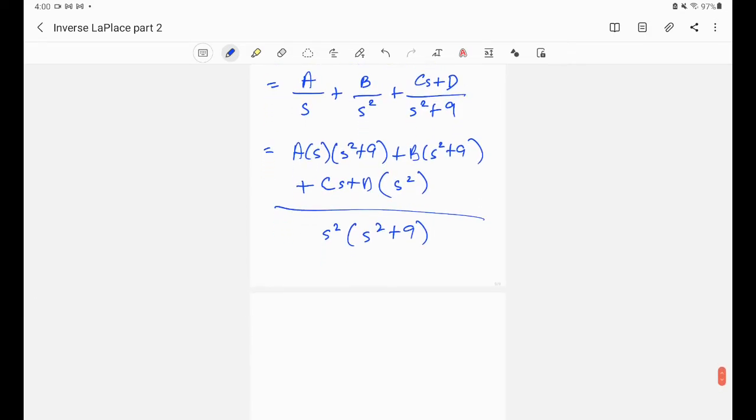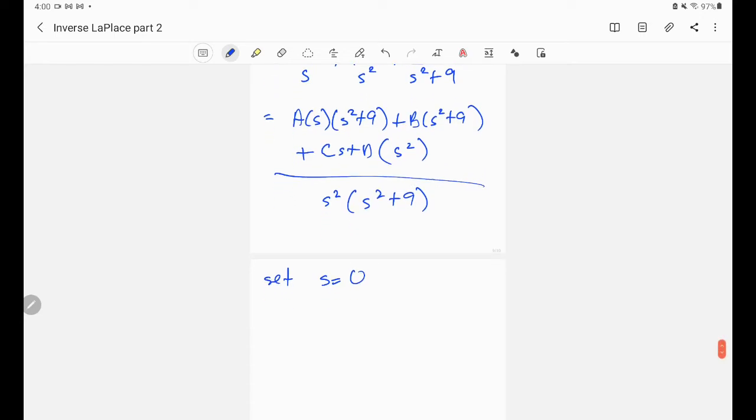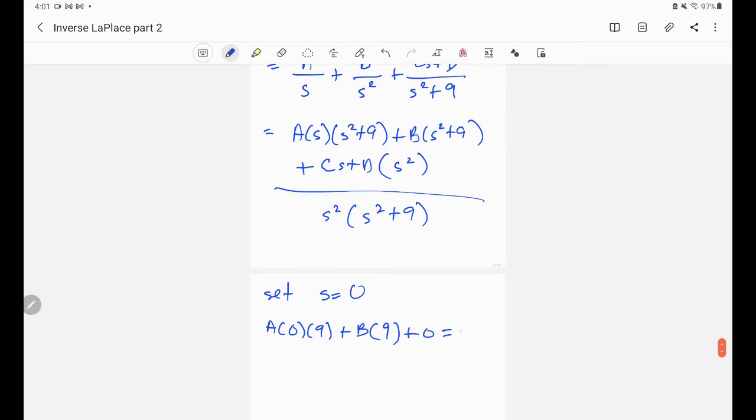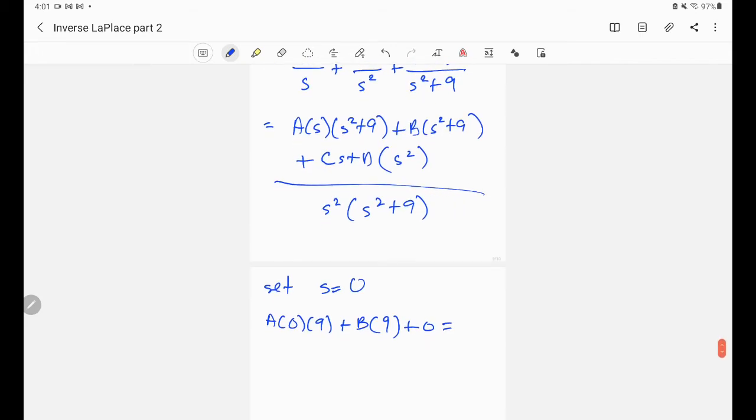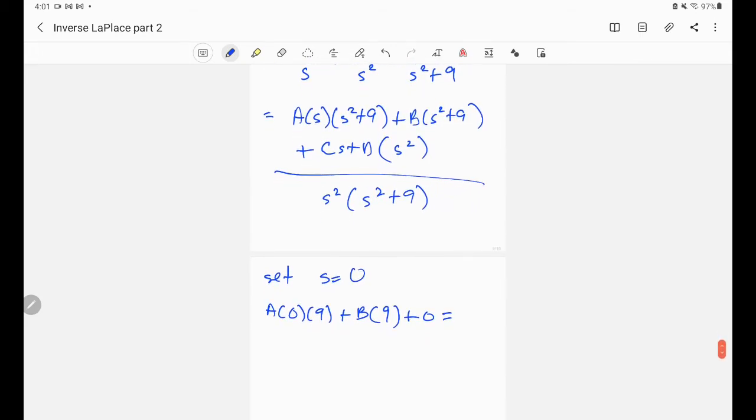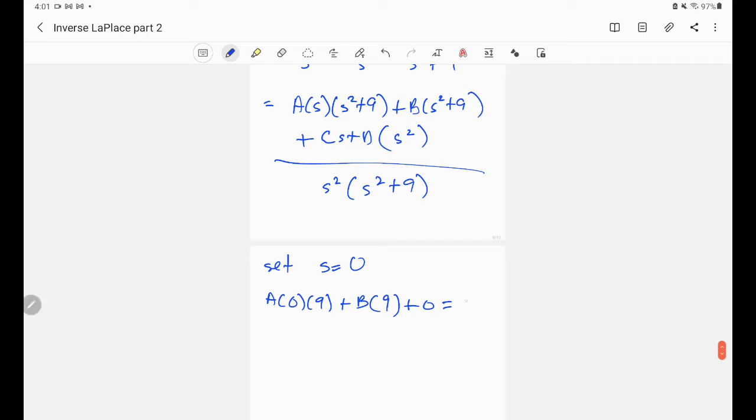We can use the same technique as before to help find some of the values. We can set s equals to 0. If s is equal to 0, then we get 9b, plus 0, and this will be equal to what is on the other side, s plus 1, so we set this as 1.